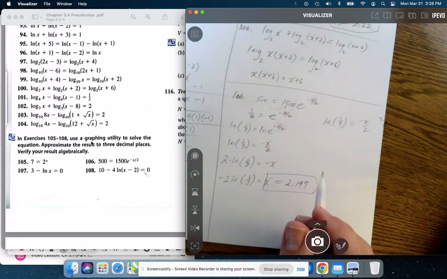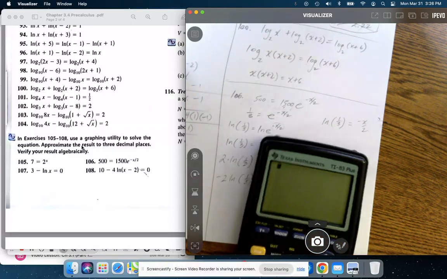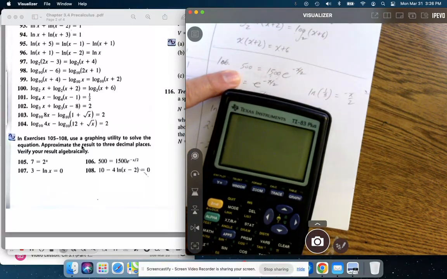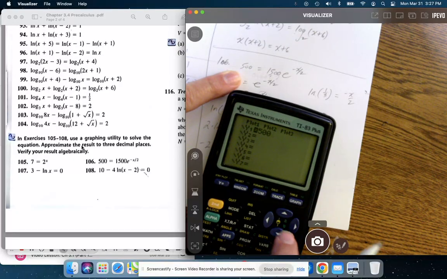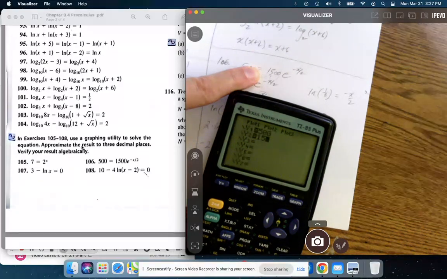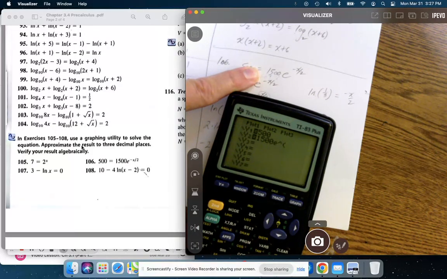All right, and they want you to graph it. It says use a graphing utility to solve it. So now the problem here is when you graph this thing, these are pretty big numbers, right? Y equals like 500. And this is 1500 e raised to the negative x over 2.